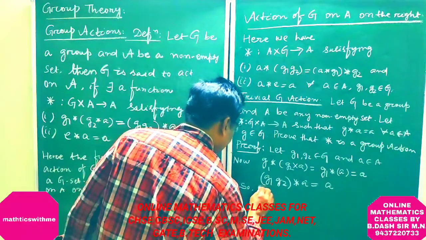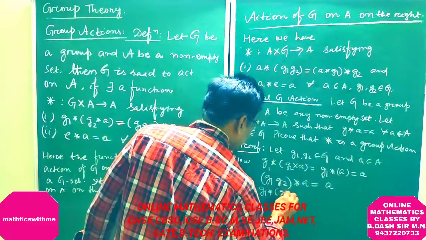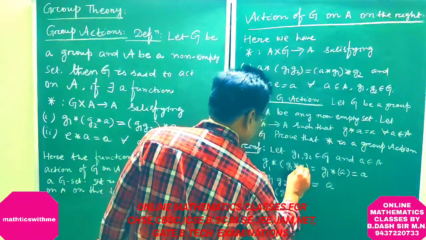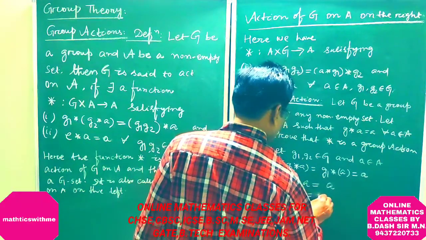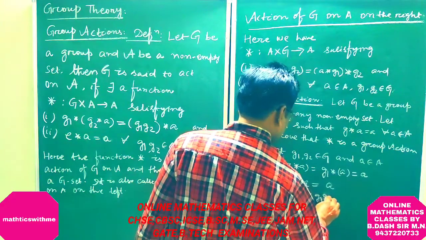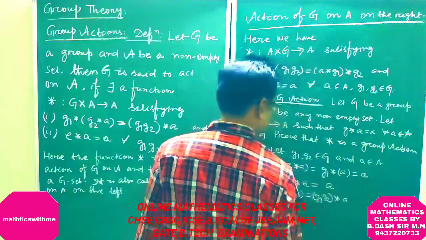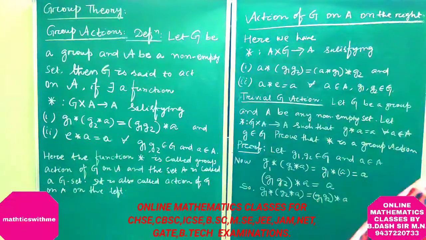So g1 star (g2 star a) is equal to (g1 g2) star a. So the first condition is now proved.